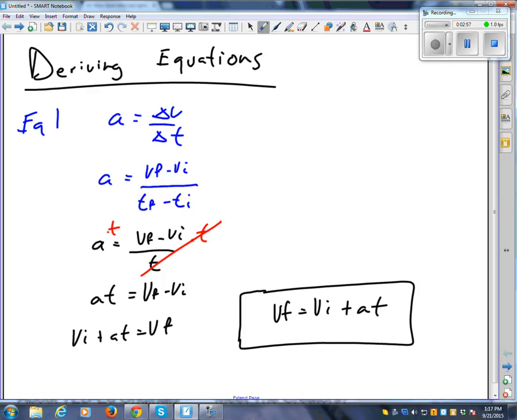The final velocity is the initial velocity plus whatever you get by accelerating over a period of time. Are we good? You will now be expected to use that formula, Vf equals Vi plus AT. I've said it so many times, I probably can recite it in my sleep.